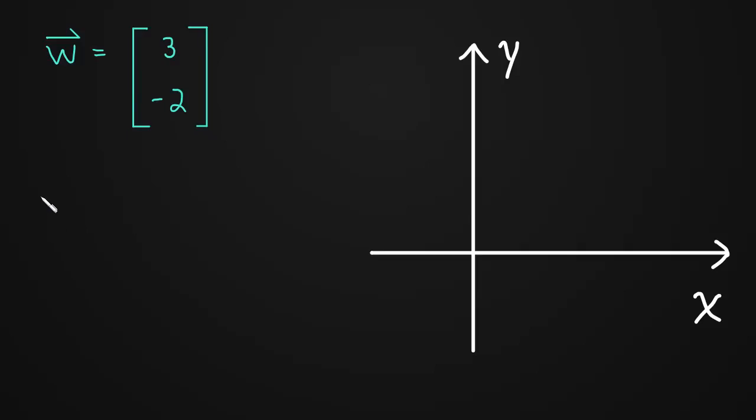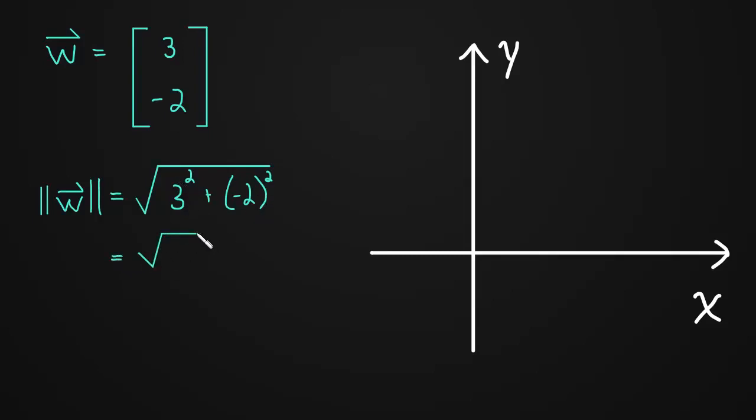Well, then the length of w is just going to be the square root of 3 squared plus -2 squared. So we have 9 plus 4, so this is 13. This is the square root of 13.